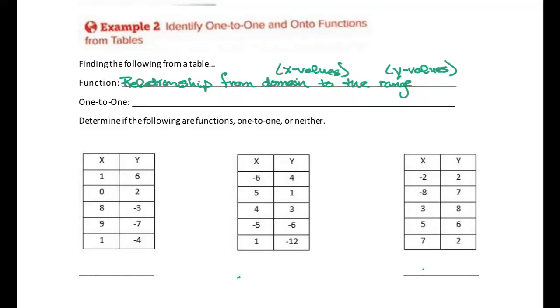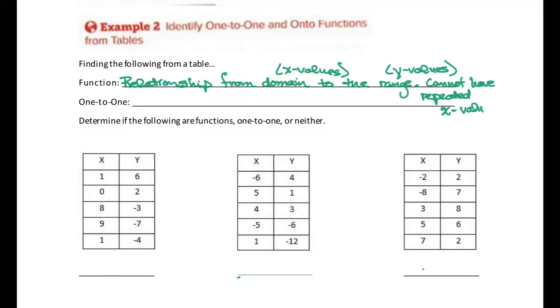And for a function, we cannot have repeated x values.